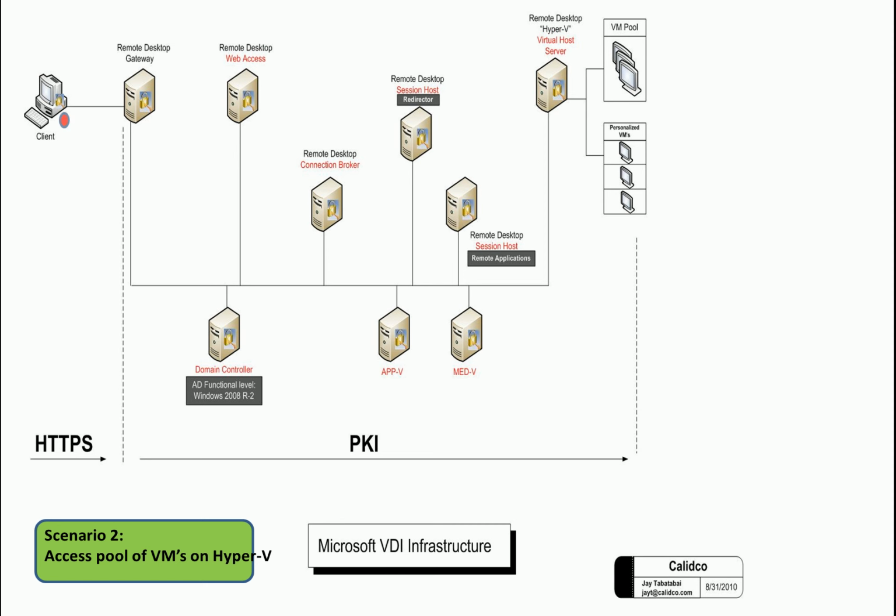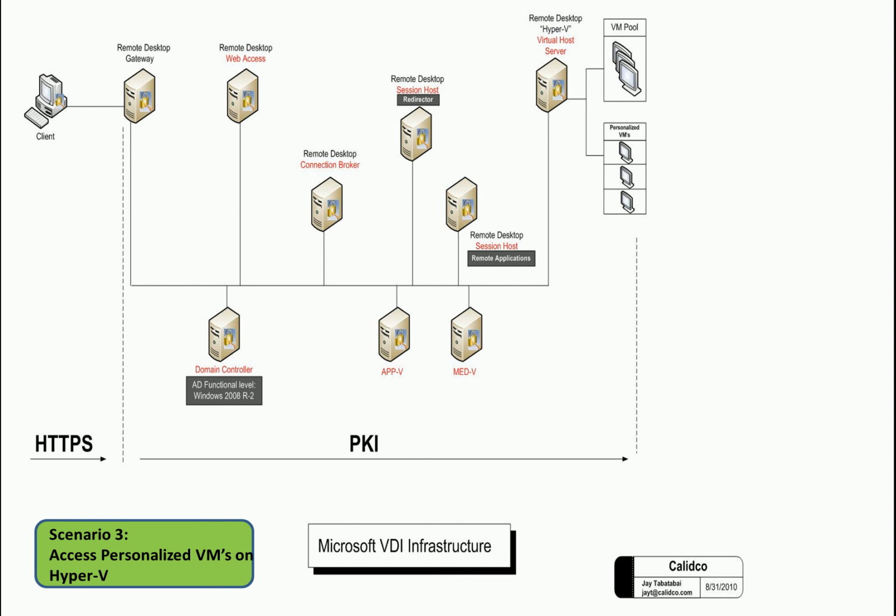So the client makes a request. The request comes to the gateway and goes to the domain controller for authentication, goes to the connection broker for all the policies, and goes to the redirector. From the redirector it goes to the virtual host server, and one of the VMs gets pulled out of the pool, returned, and assigned to the client.